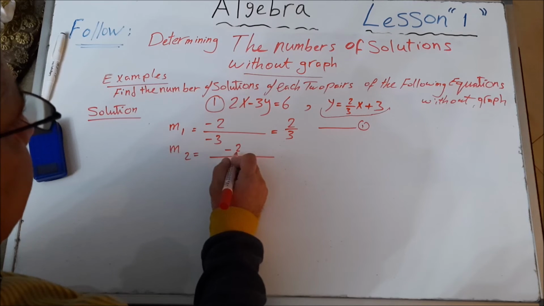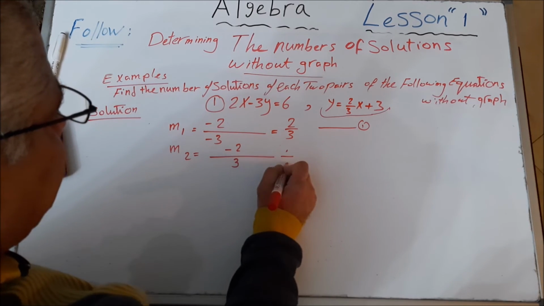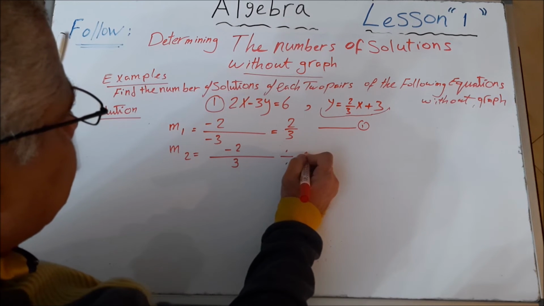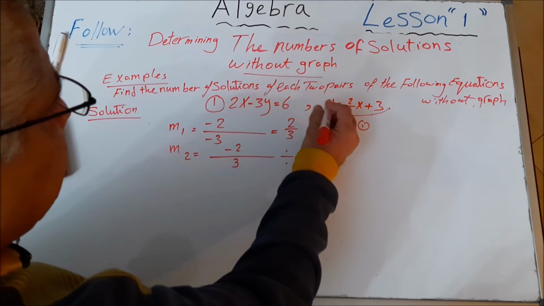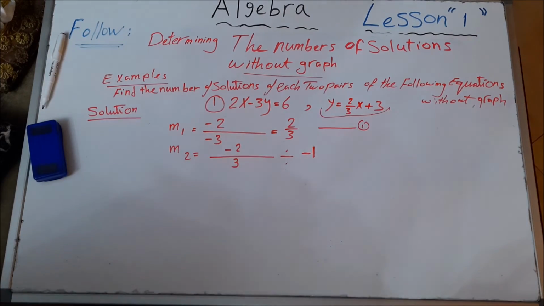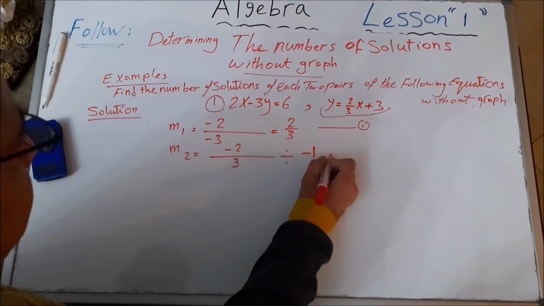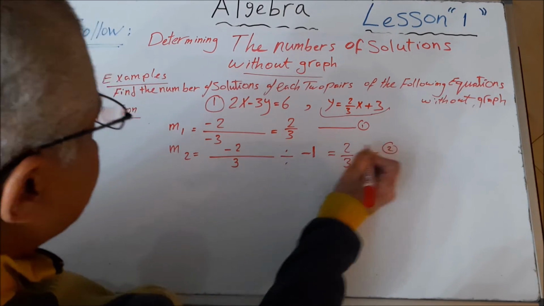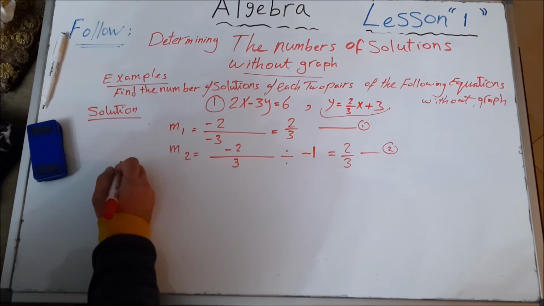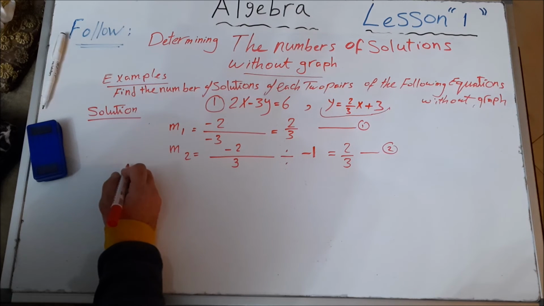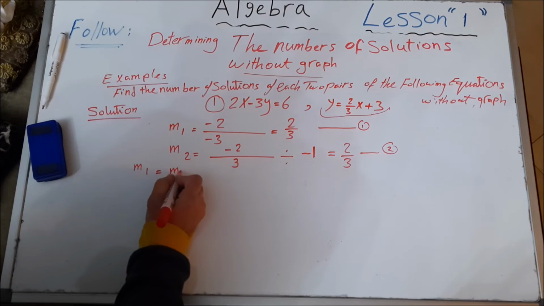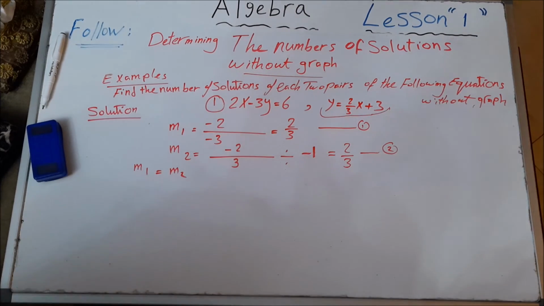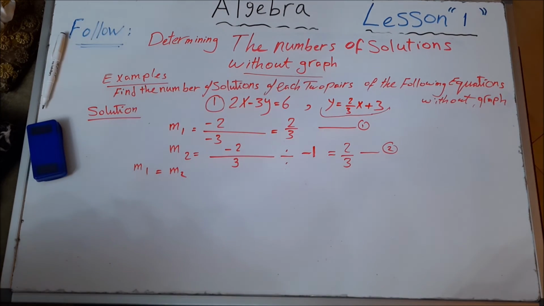So this is the coefficient of x divided by coefficient of y, minus 1, after we transfer it. So m2 equal 2 divided by 3. From 1 and 2, m1 equal m2.